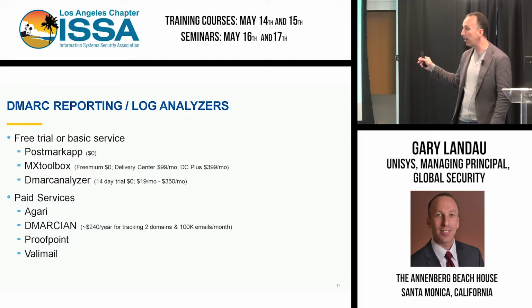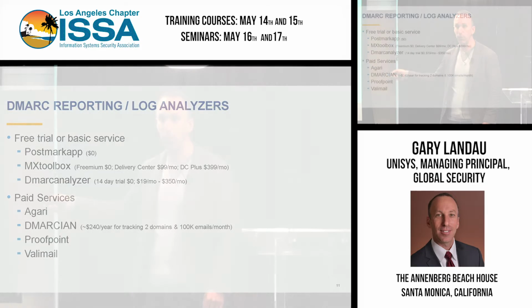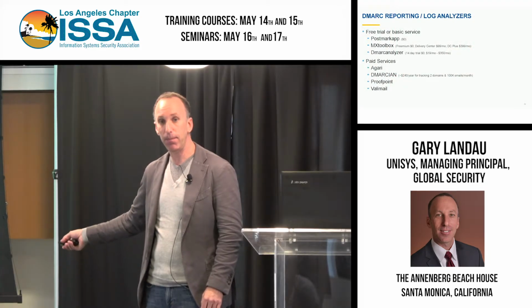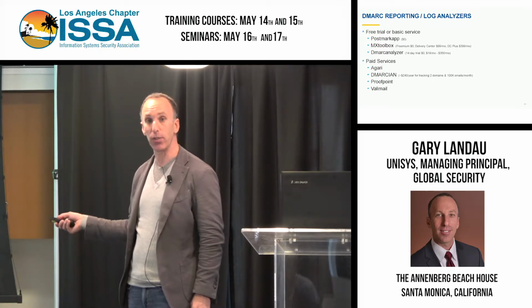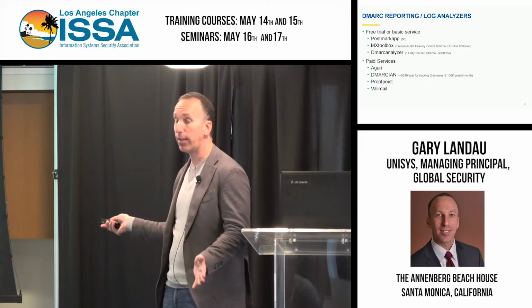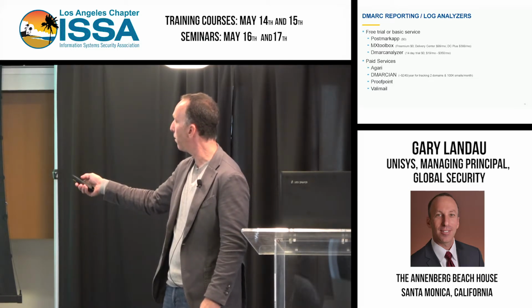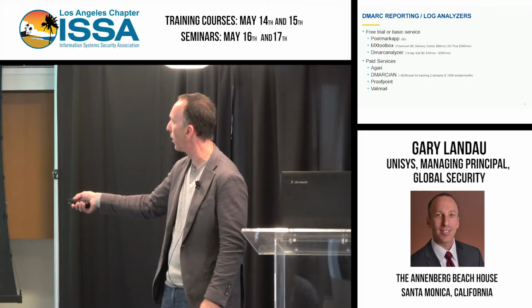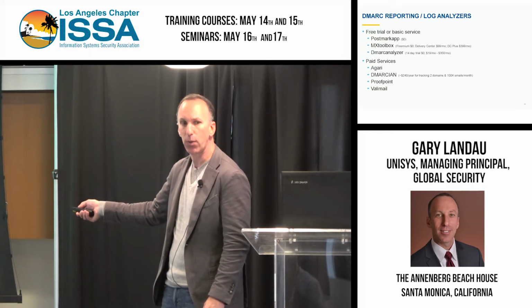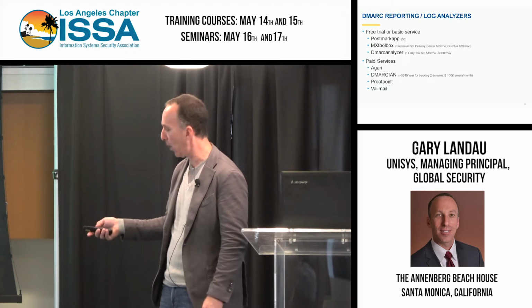So there are a number of DMARC log analyzers. You can pay for them, or you can get free ones. And if you don't have it, the free ones are not that bad. I'll give you an example of a free one. I used Postmark app, the first one listed here. MX Toolbox, who I was talking about with the email header parser, they have one as well.